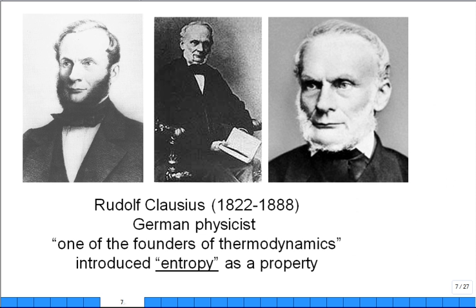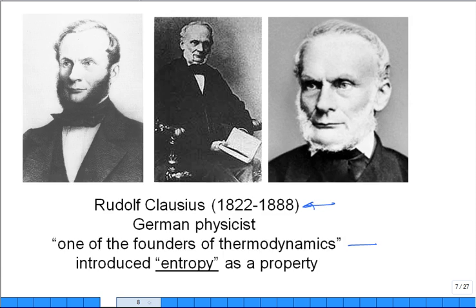Here's a picture of the man, the years he lived. Did he live a long time ago? He sure did. He is one of the founders of modern thermodynamics, and he coined the term. He introduced the word entropy, and he said that's a property.